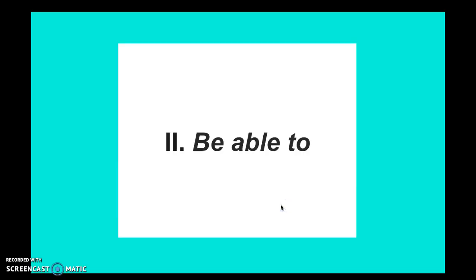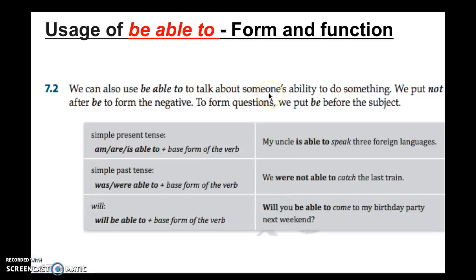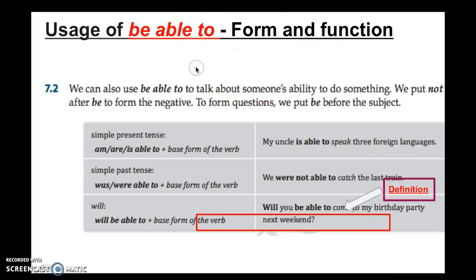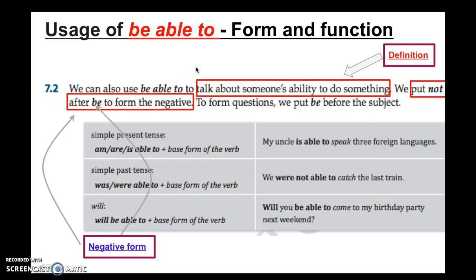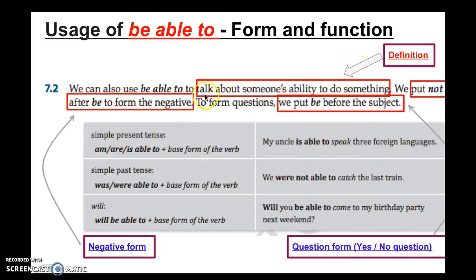So the next item is be able to. It talks about the forms and functions of be able to, including the definition, which is similar to can or could, that is, somebody's ability to do something, the negative form, and also how it is formed when it is in the form of a question.